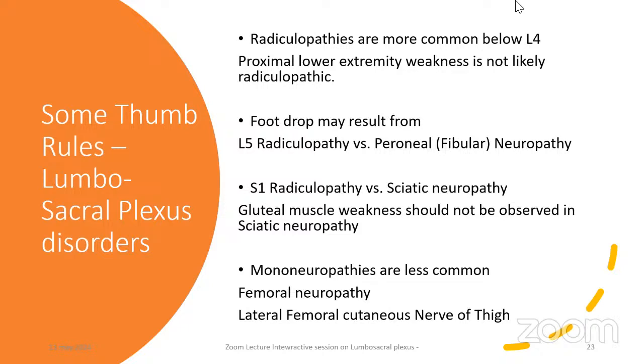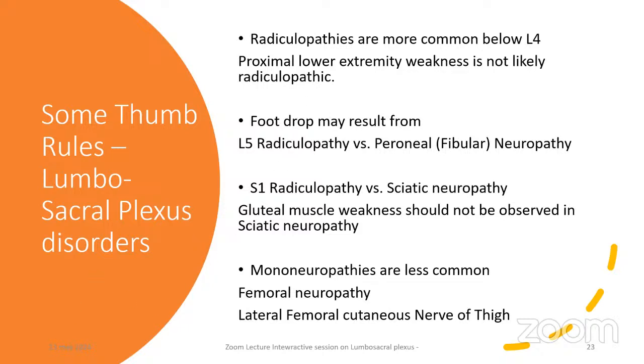Here, gluteal muscle weakness, if you assess it, should not be observed in sciatic neuropathy, because it is a root collateral. The mononeuropathies are less common, but you can come across femoral neuropathy and lateral femoral cutaneous nerve of thigh. And you may have entrapment neuropathy or pressure palsy of the common peroneal nerve also, but they are uncommon.